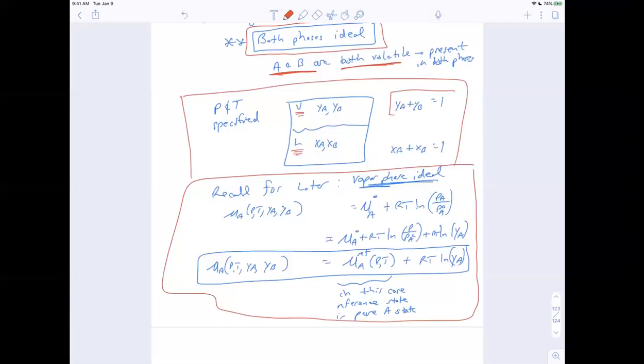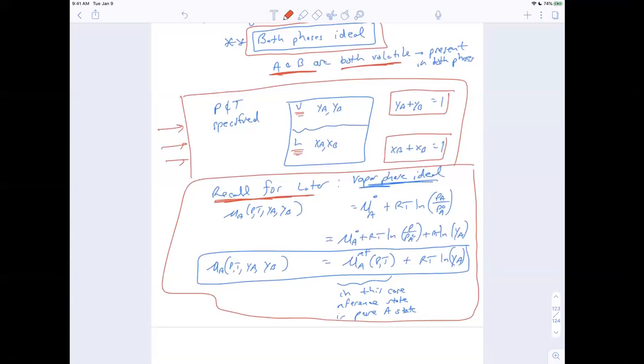And we have our usual constraints that XA and XB have to equal 1, and same for the Y's, so the mole fractions. So that's the scenario here. This is really the system that we're going to address. I just want you to recall, not that we're going to use it today, but just recall for later.